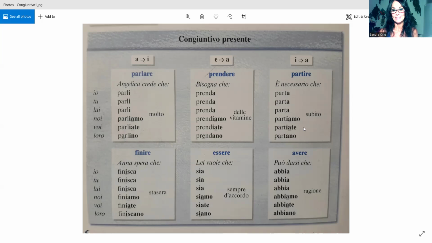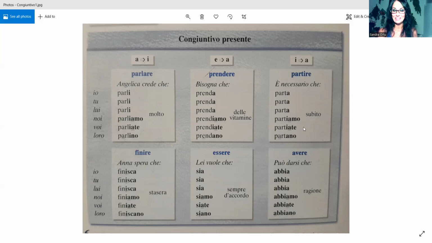However, on the other hand, you have to remember when to use the verb and how to use it correctly. Also, don't forget that these are the regular verbs, but there are quite a few irregular verbs. Normally, no, actually, it's quite abnormal for this congiuntivo.